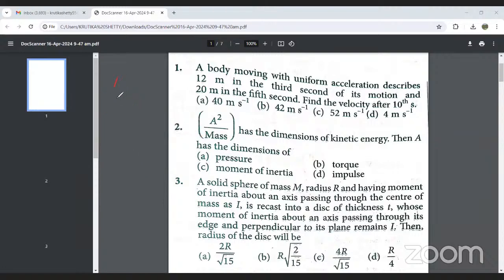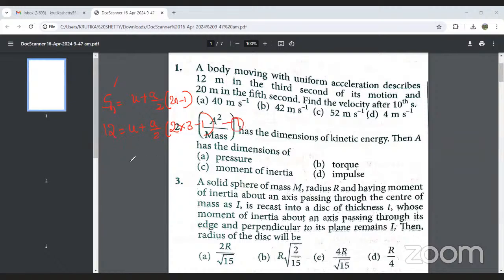Sn is equal to U plus A by 2 into (2n minus 1). For the 12 meter distance, we write the equation: 2 into 3 minus 1. This is the first equation.